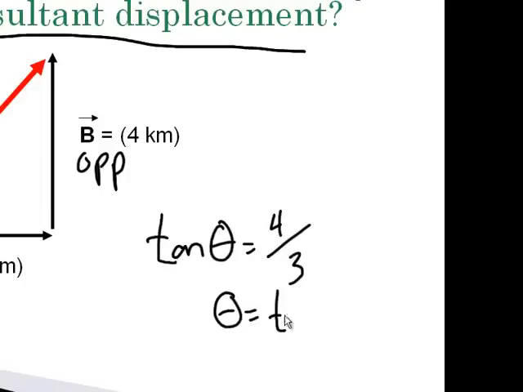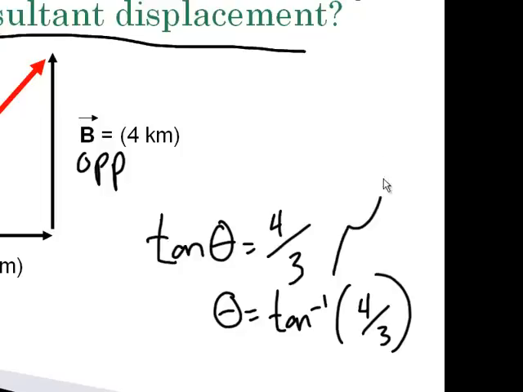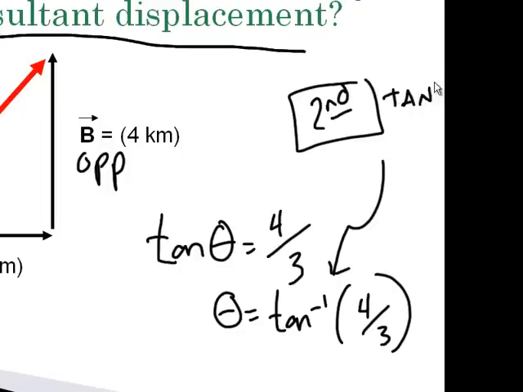Theta equals the inverse tangent of 4/3. Those of you that are still new to trig, on your calculator you just hit second tangent and then put 4/3 inside, and it's going to give you your angle.